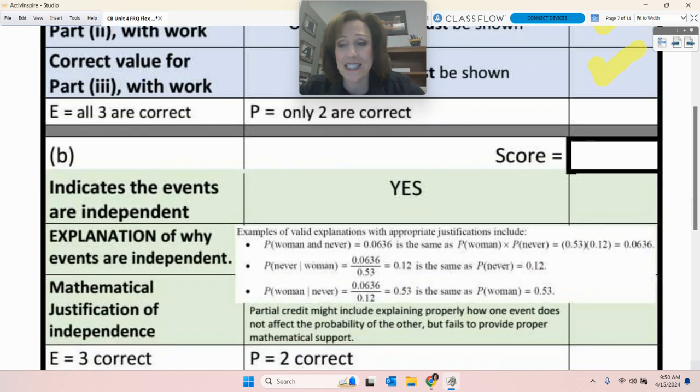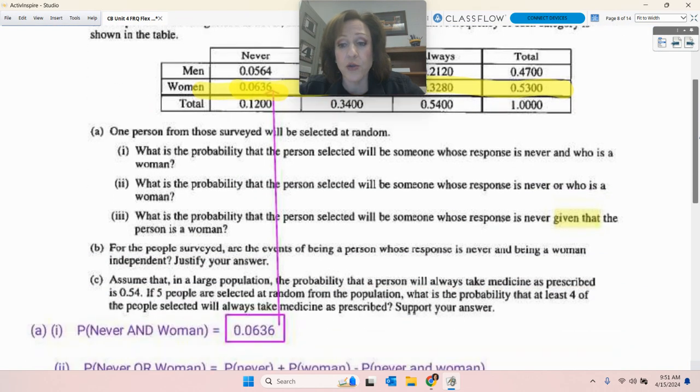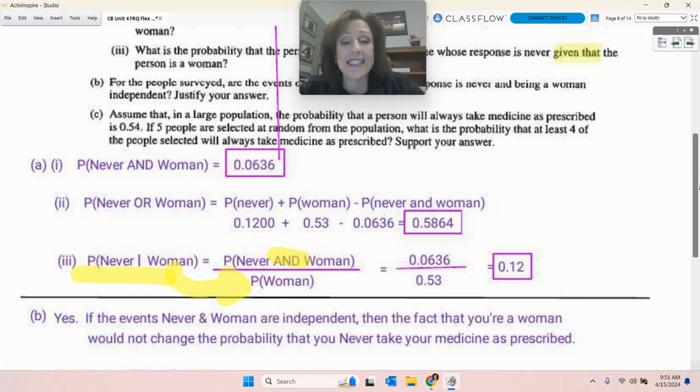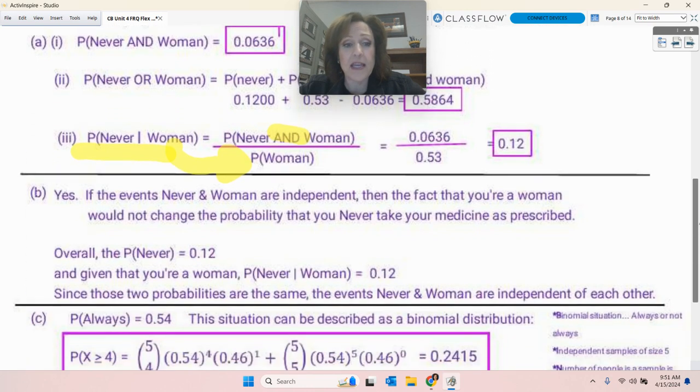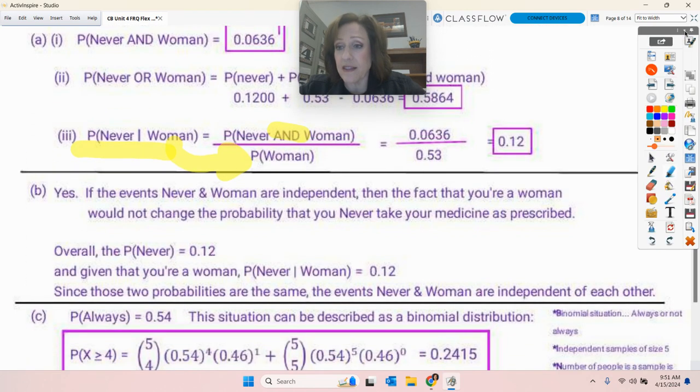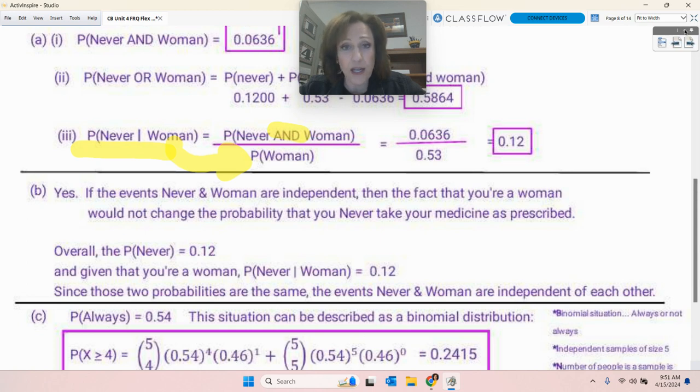Okay, next question. After it walked you through those 3 parts, then it said, are responding never and women independent events? Okay, so this is one of the things that, the fact that you are one thing does not change the rate.